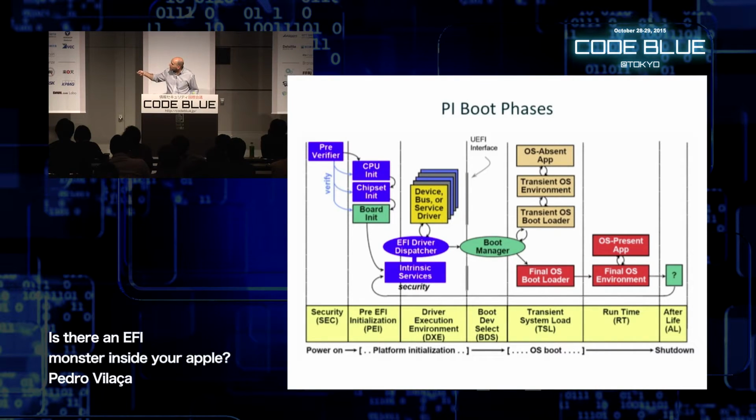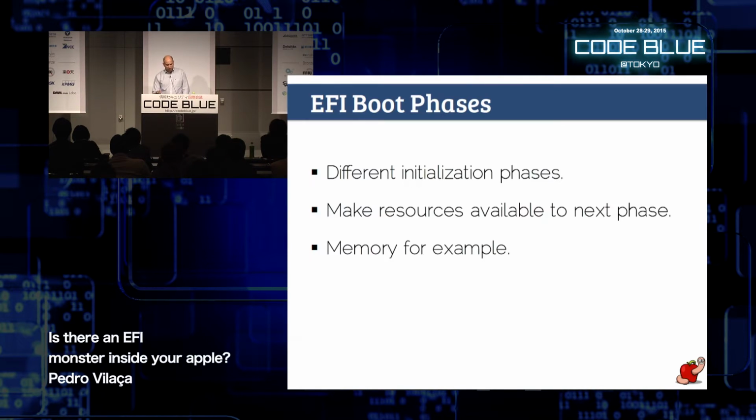EFI is ending at this phase, and everything here is operating system stuff. As you can see, OS boot, and then you shut down your machine, and things start to shut down, and so on. As I told you, one of the most important tasks of the PEI phase is to set up memory for the DXE phase.